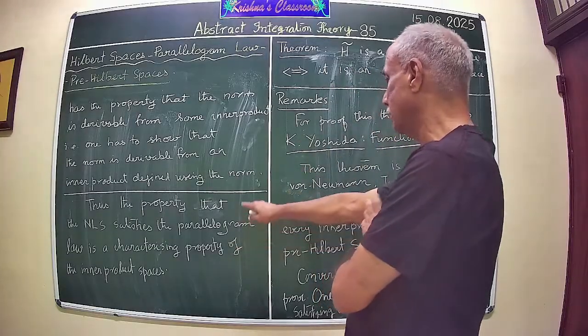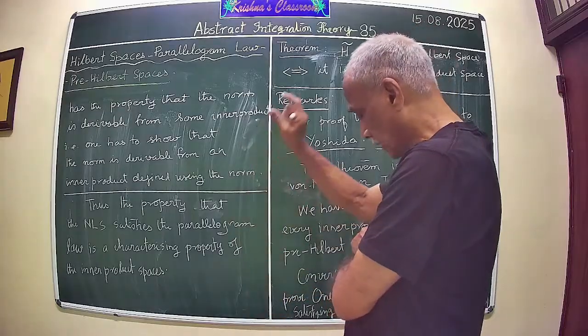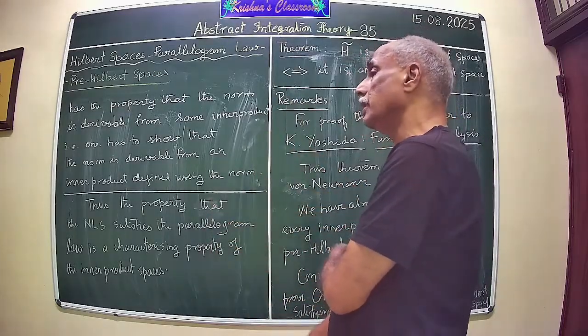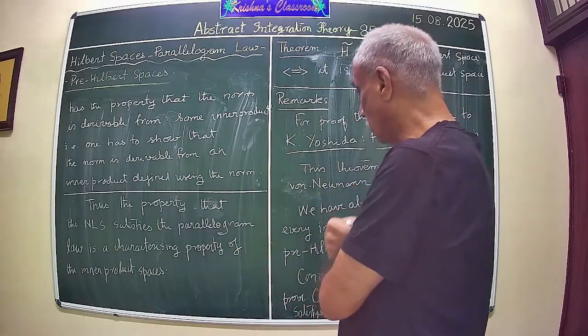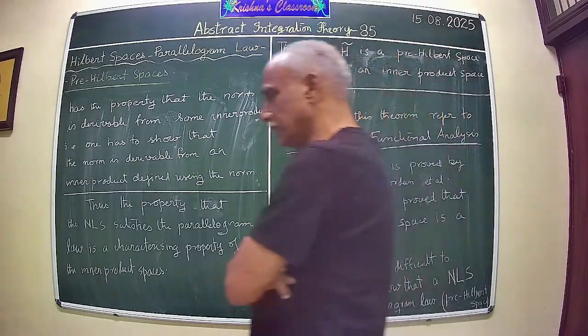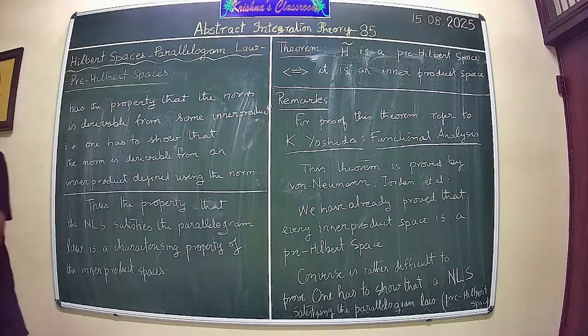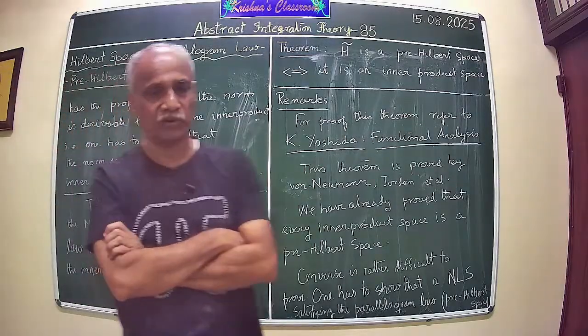So this part, I should warn you, is that you have to actually define the inner product using the norm, and then prove that whatever you have defined has all the characteristic features of an inner product. So it needs some work.